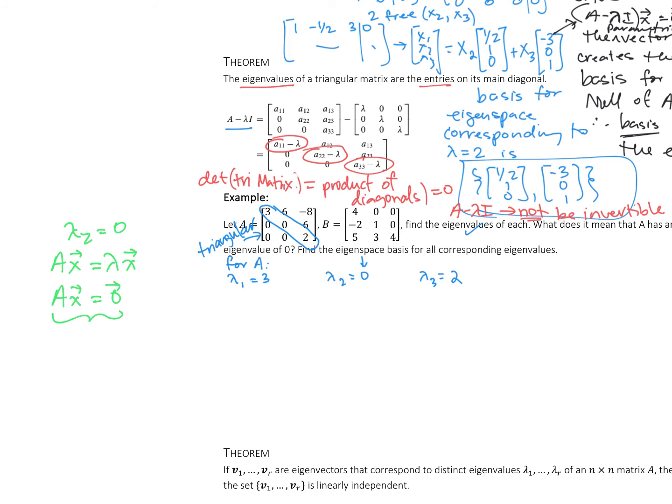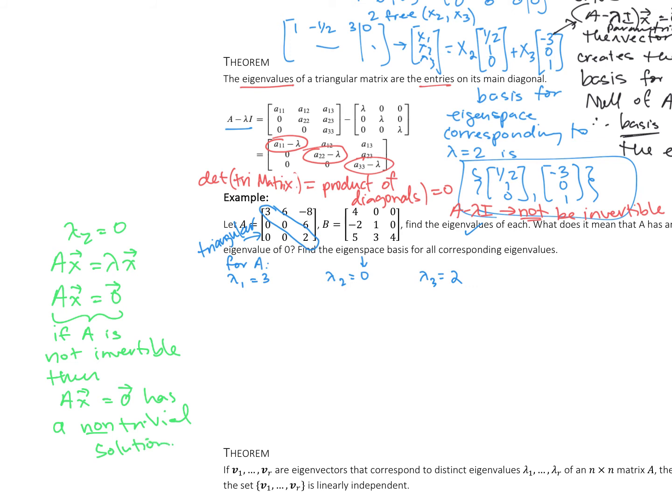And what we've proved is that if A is not invertible, then this has a non-trivial solution.